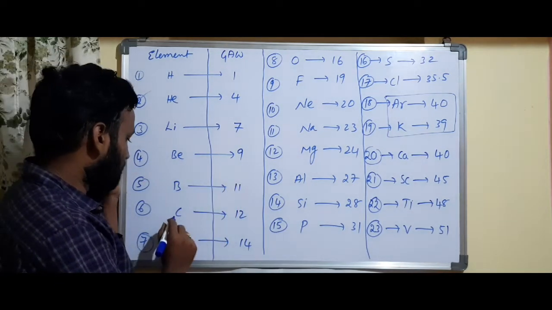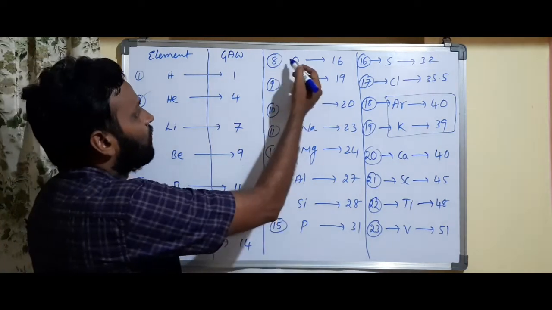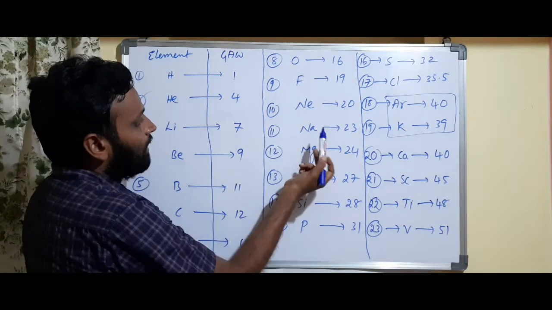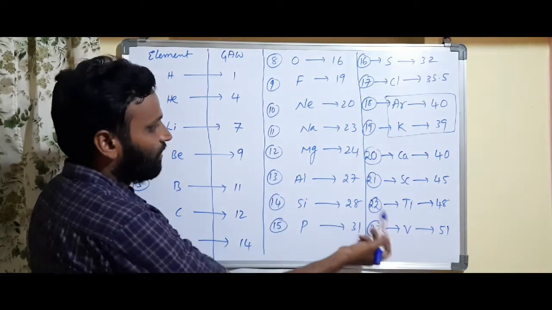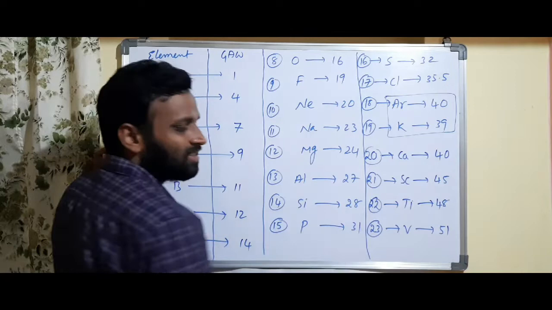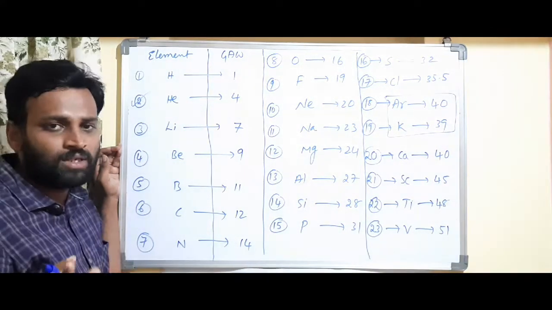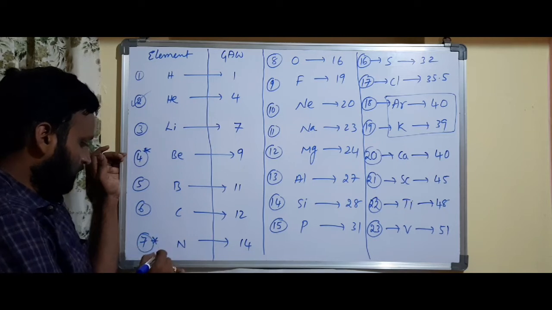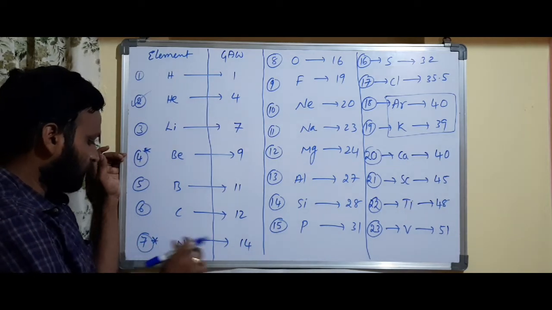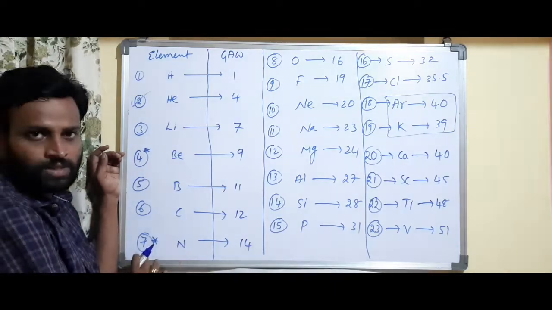Carbon, see 6, 12, and oxygen 8, 16, like that. 10, 20, and 12, 24, and 14, 28. 20, 40. So approximate. Sometimes some cases are exceptional like this, beryllium and nitrogen.